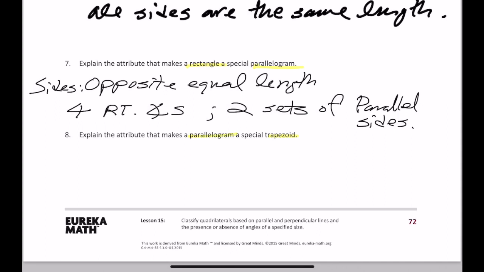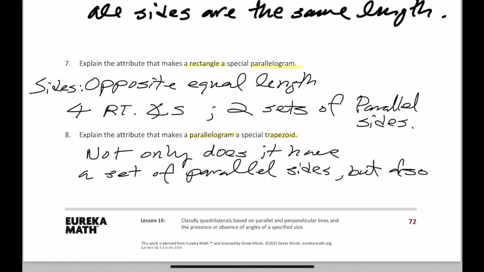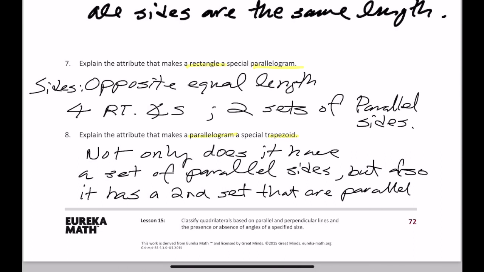And it's special because it not only does it have a set, that means 2, of parallel sides, but also has a second set, I'm going to abbreviate, that are parallel and equal in length.